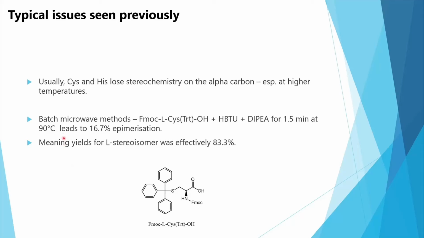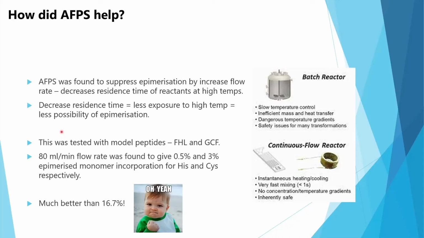Another example where AFPS gave advantages over traditional batch is the epimerization of cysteine and histidine products. Typical batch method shown here leads to 16.7% epimerization of the protected L-cysteine, which means the yields for the L-stereoisomer was effectively 83.3%. It was found in this case, increasing flow rate and decreasing residence time suppressed epimerization.